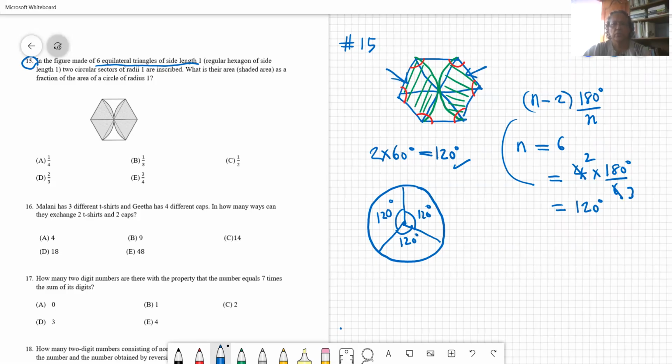So that means this area has to be 2/3 of the area of the circle. As a fraction of the area of the circle of radius 1, it is simply 2/3. So the answer is this one. Okay.